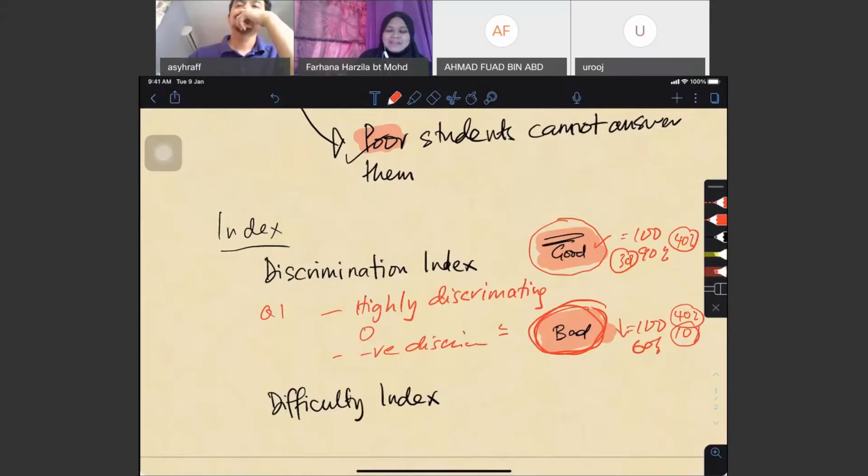Number one, is the answer key wrong? Sometimes it was B, but due to a technical error, the answer key was put in as C. That's one possibility. The other possibility is, is the question ambiguous? The wording was not clear. It can mean this or it can mean that. And usually the ones who think about this are the good students. They say, oh, this means, there's a trick here.